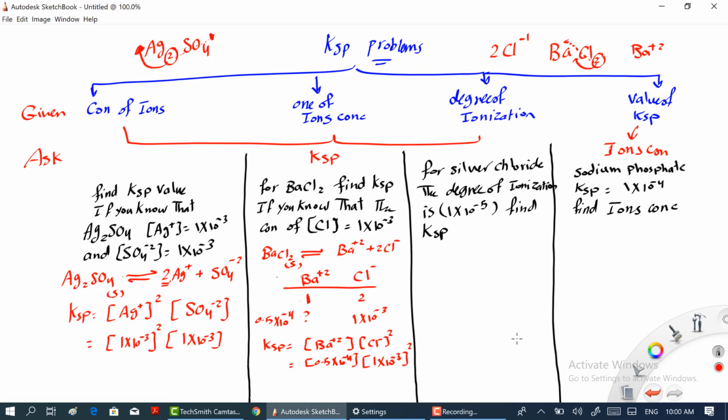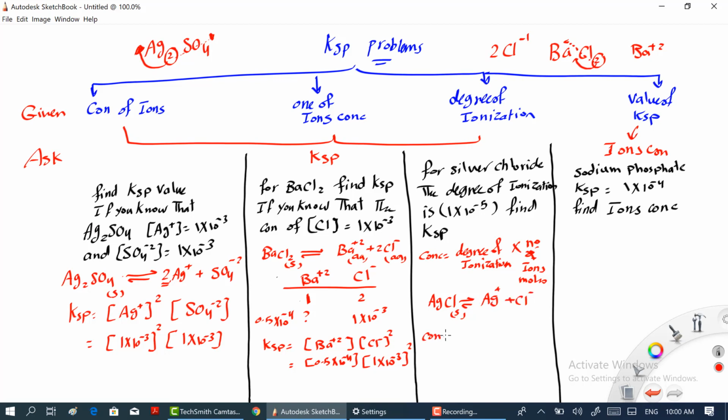The third idea: giving to you the degree of ionization. Concentration equals degree of ionization times the number of moles of ions. So silver chloride, AgCl, dissociated, giving to us Ag positive and Cl negative.